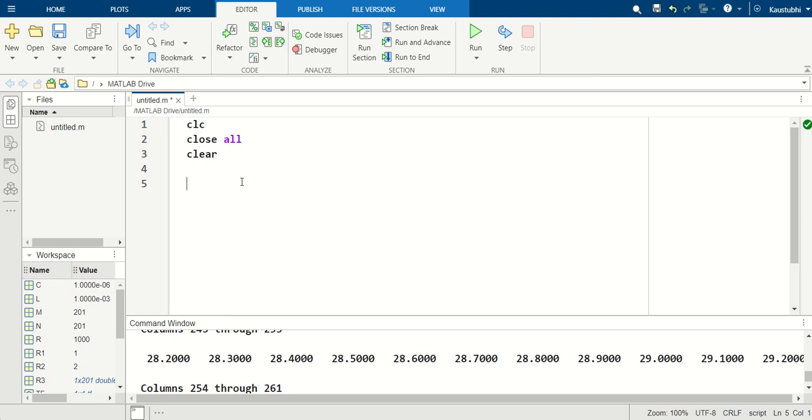Now our aim is to define the variables, which is going to be R1, which was 1 ohm. Now R2, across which we have to find the voltage, which is 3 ohm, and R3, which is varying from 0 ohm to 40 ohm in steps of 0.2 ohm.